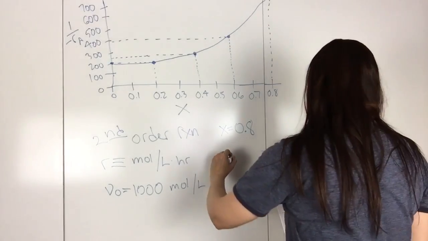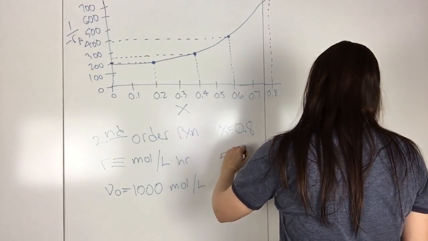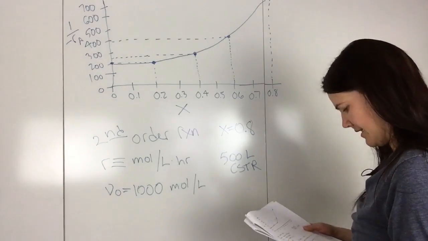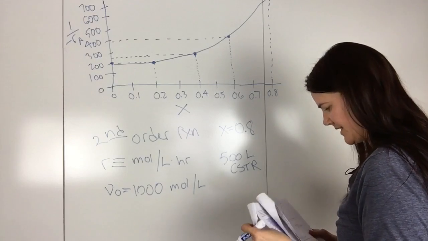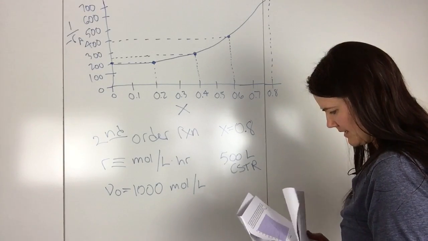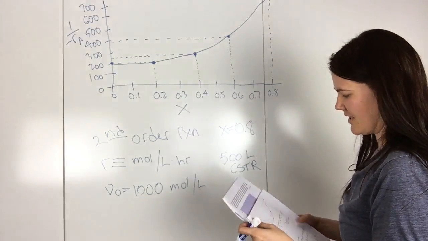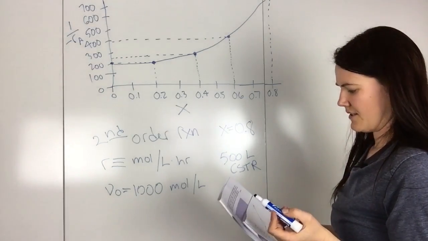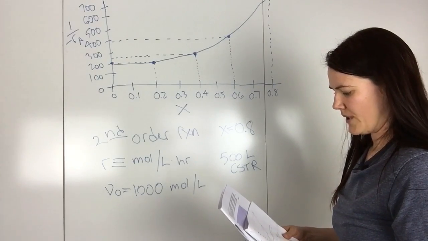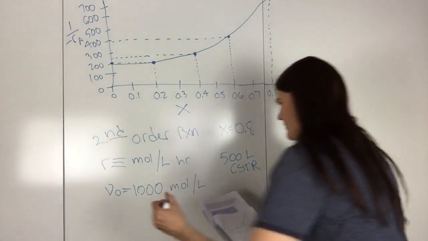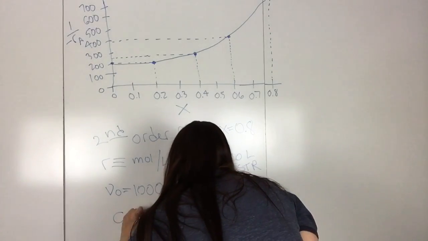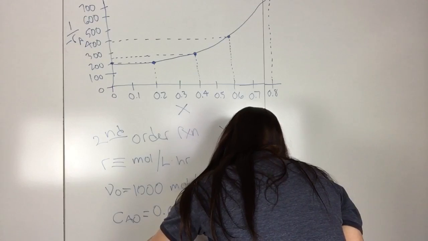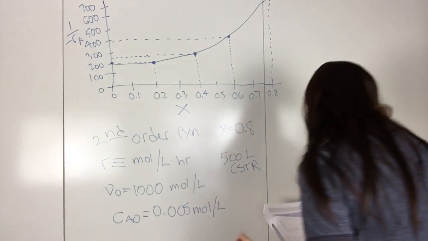And we know that we have a 500 liter CSTR available. And let's see, is there anything else? Oh yeah, we also know that the feed has a concentration of 0.005 moles per liter, so CA naught is equal to 0.005 moles per liter.